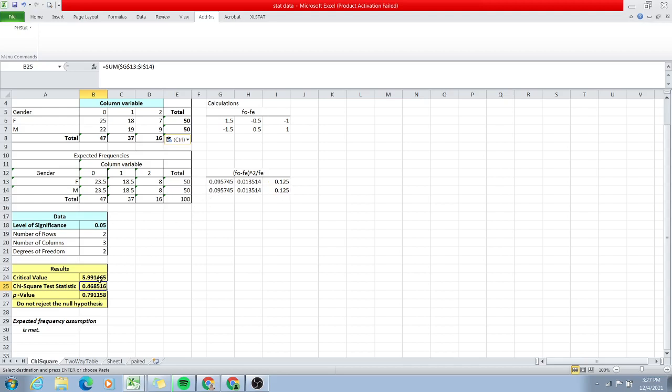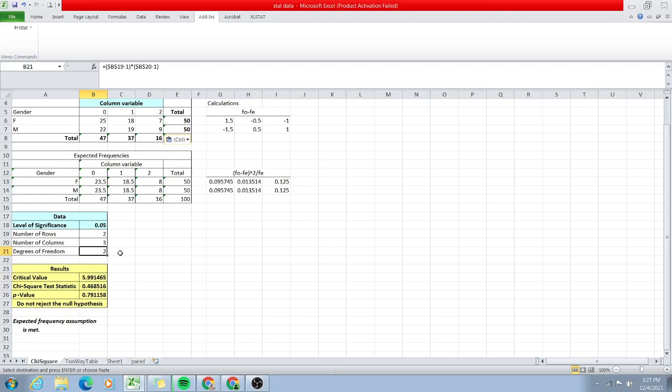And the critical value is taken from the chi-square critical value table. Chi-square test of independence is a right-tailed test. It does not have a left-tailed test or a two-tailed test. And the critical value would depend on the degrees of freedom.